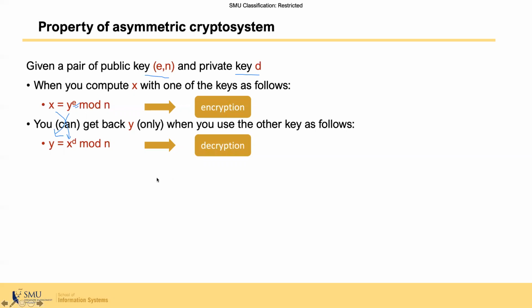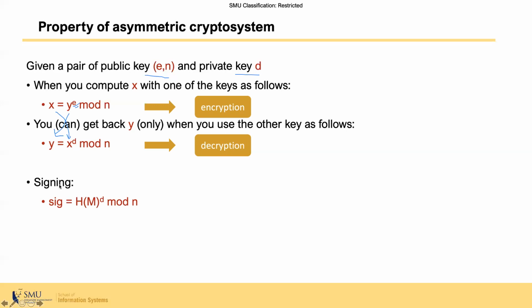But in signing and verification, we do not use the terms encryption and decryption, because digital signing is about signing. You are signing a signature simply, and you are verifying the signature. So don't forget, we do not use encryption and decryption terminology when we are talking about digital signature signing and verifying to ensure the property of the data in transit.